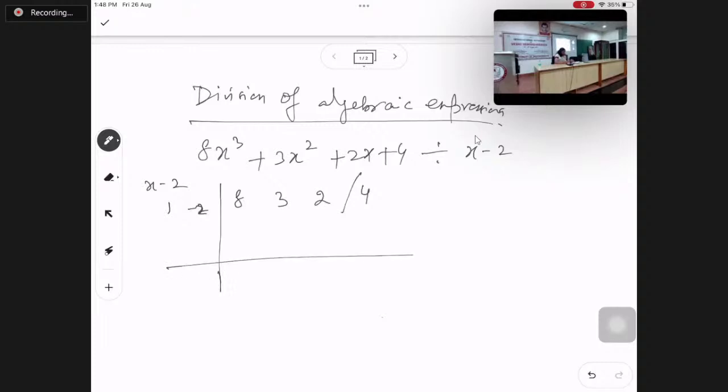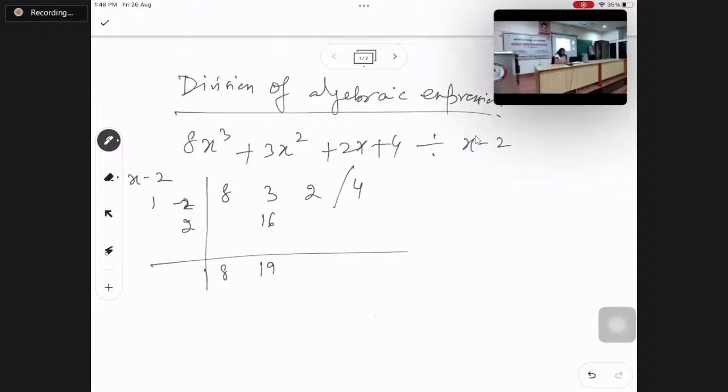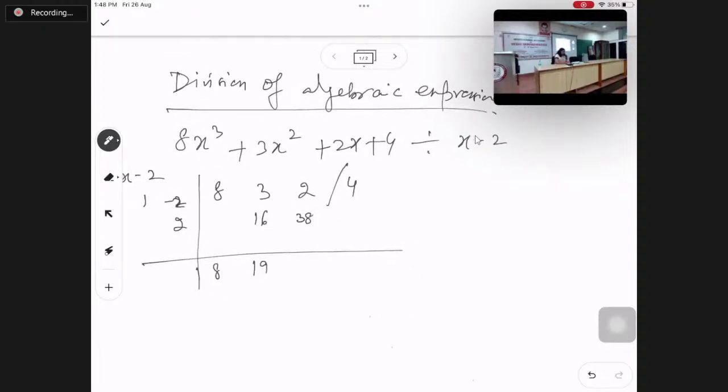Okay, so this is your minus 2, so we put 2. Again, you proceed: first number as it is, 8. 8 twos are 16. 16 plus 3, 19. 19 twos are 38. 38 plus 2, 40. 40 twos are 80, and this is 84.